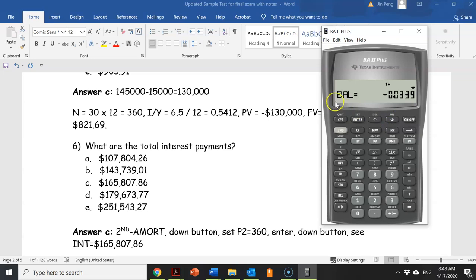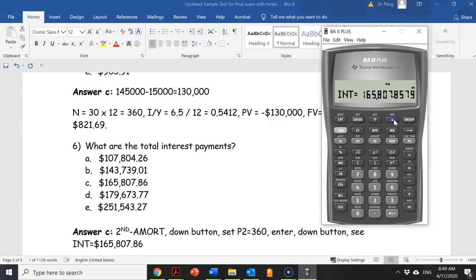This way, our balance would be almost zero, meaning we will pay back all the money over 360 months. The principal paid would be almost 130,000. This is the total principal we're paying back.